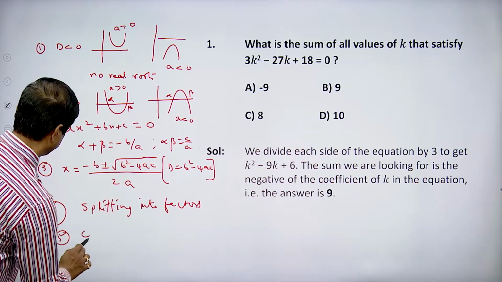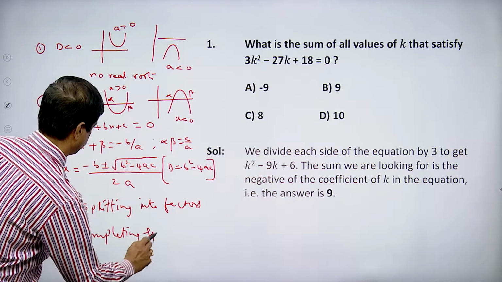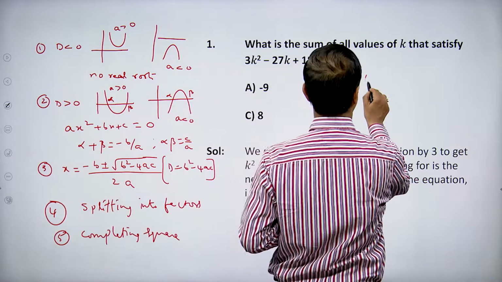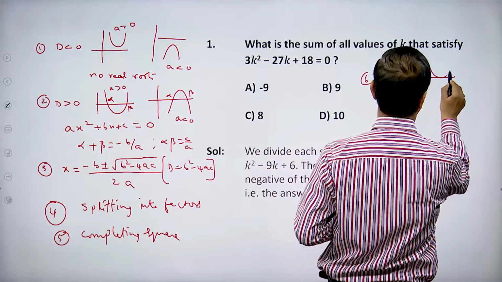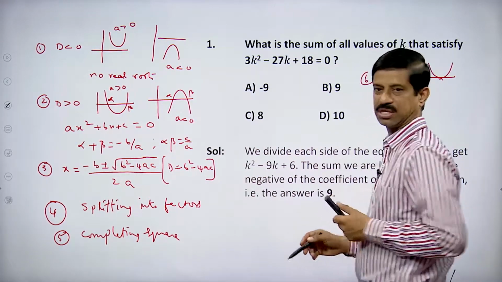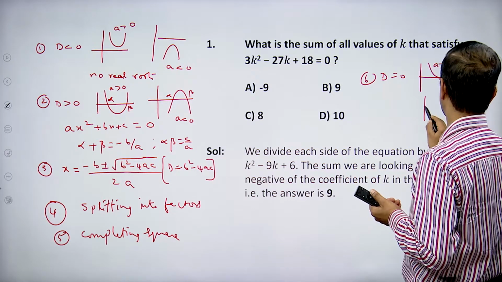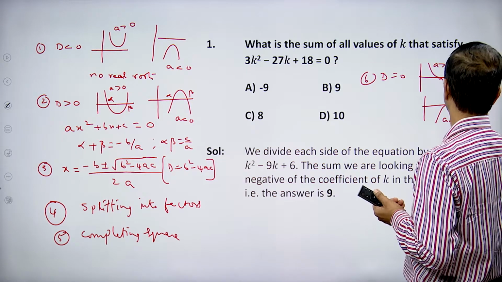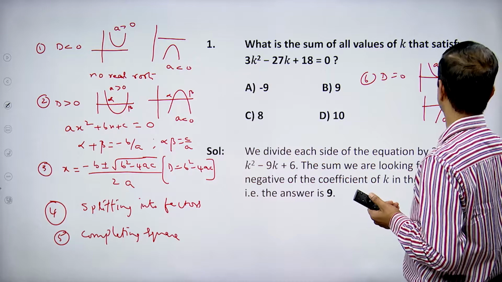Completing square. Next is case 6, where discriminant is equal to 0, roots are like this, only one root, or two equal roots, otherwise we call them two equal roots. So, a greater than 0 and a less than 0. So, alpha comma 0, alpha comma 0, like that.